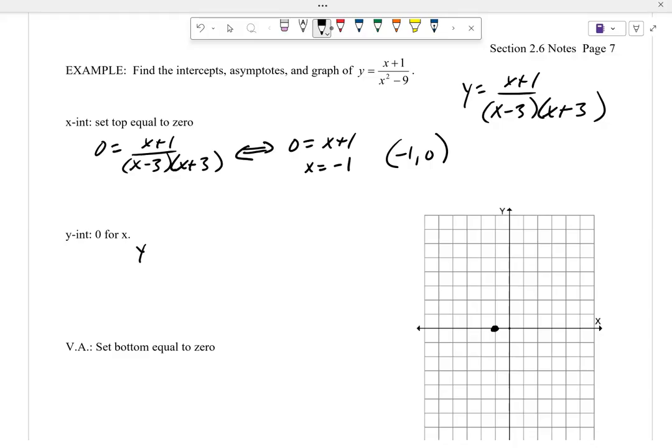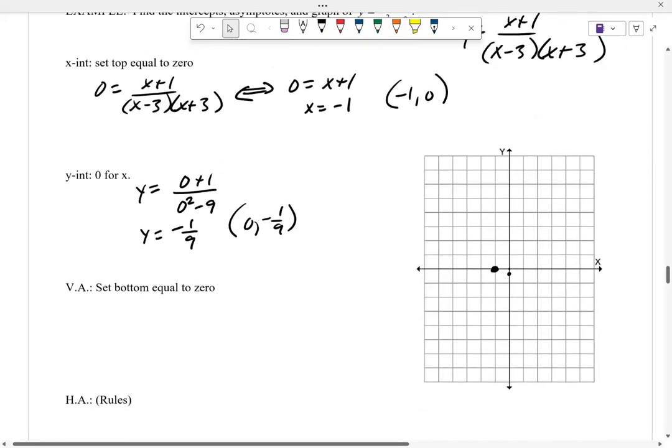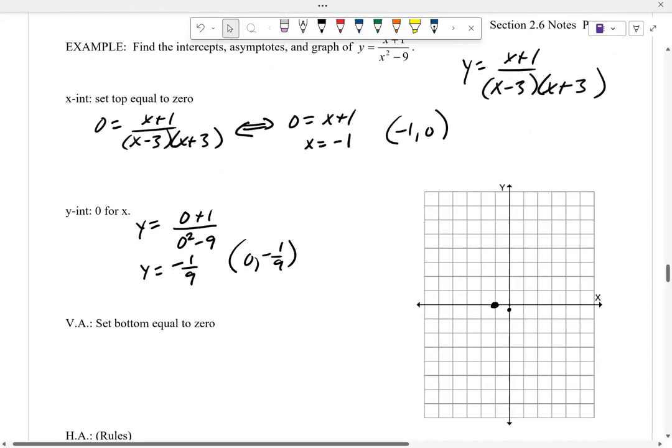Our y-intercept, we're going to let x be 0. So we have 0, comma, negative 1/9 there. Now, our vertical asymptote, where's this thing undefined? Well, anywhere where the denominator is equal to 0.